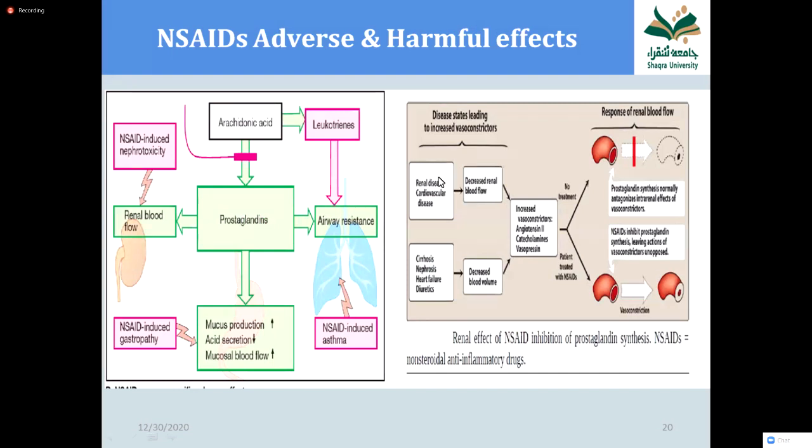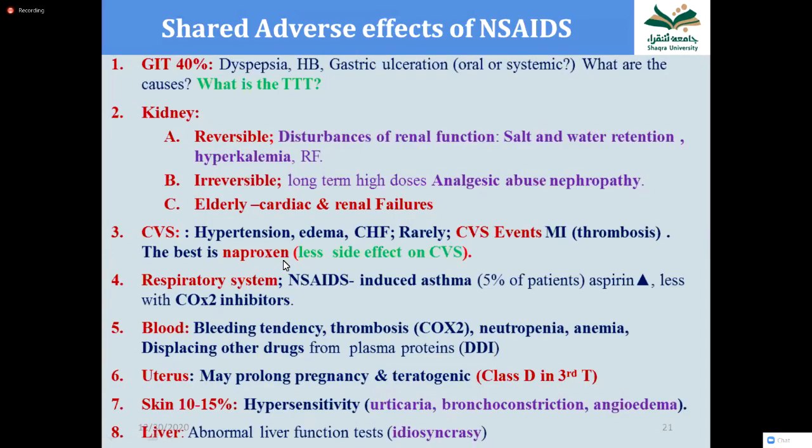So these have various disease states related to increased vasoconstriction. So they will have an effect on the renal and cardiovascular system, nephrosis, and this decreased volume may lead to increased vasoconstriction, angiotensin. So basically, they have more effect on nephrotoxicity, they have gastropathy, and NSAID-induced asthma.